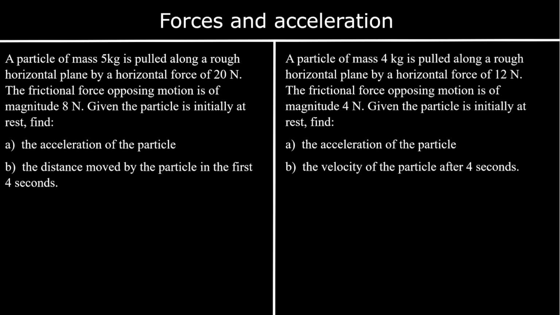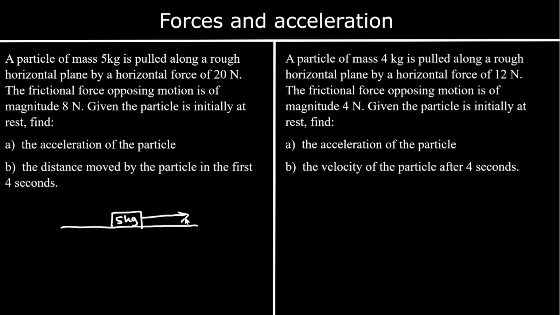Another question, a particle of mass 5 kilograms is pulled along a rough horizontal plane by a horizontal force of 20 newtons. The frictional force opposing motion is 8 newtons. So let's draw this. We've got a particle. Let's draw it as a little box. It's 5 kilograms.